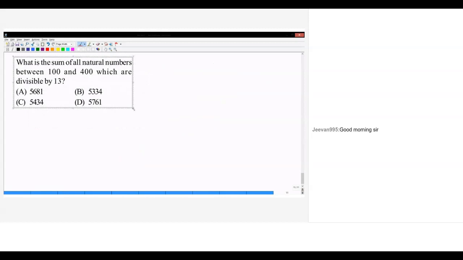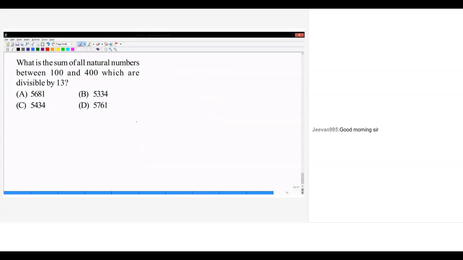What is the sum of all natural numbers which are between 100 and 400 which are divisible by 13? I already told you AP, which are divisible by 13, he says. We know after 100 it is 104. Did we do this sum? 390.